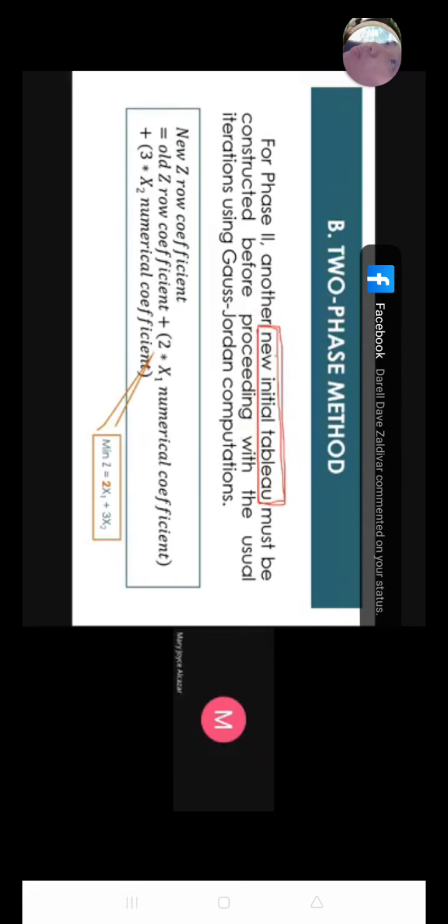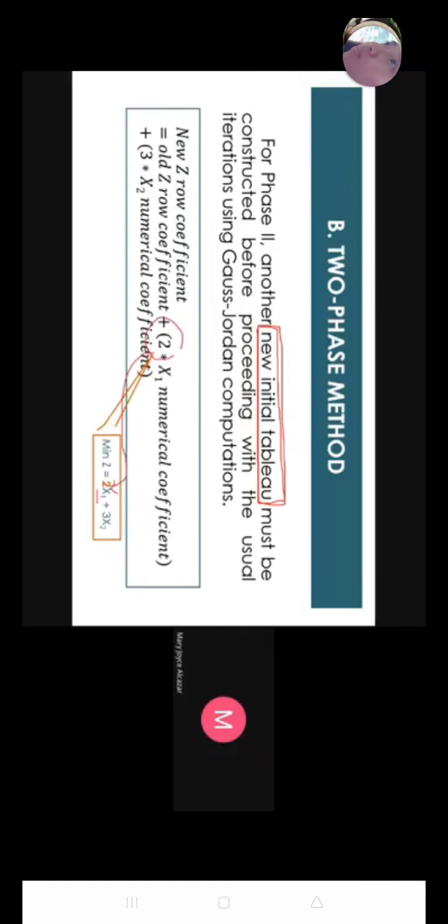The 2 from the equation is the coefficient of x1 in the original objective function, and the 3 is the coefficient of x2 in the original objective function. So this is not permanent. This is dependent on your original objective function.